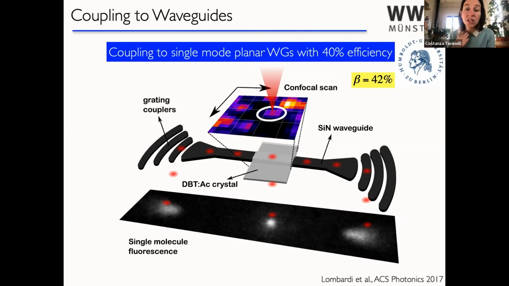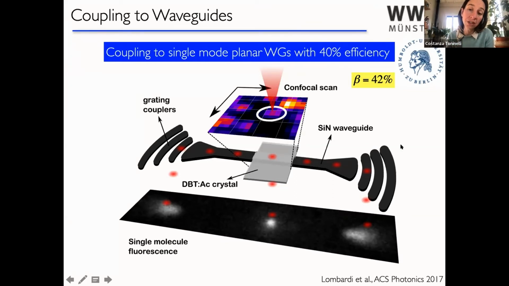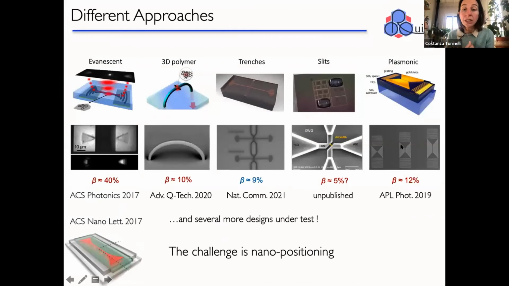Okay, so that was very good because the design, the architecture, is quite simple. However, the bad news is that this is more or less as much as you can get with evanescent coupling, and this is not enough if you want to scale up.